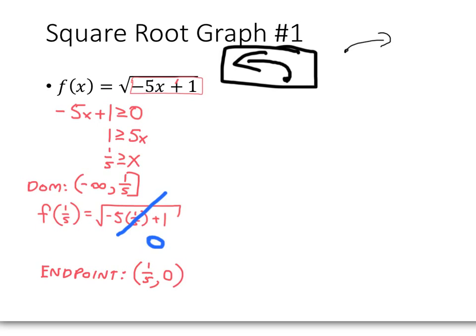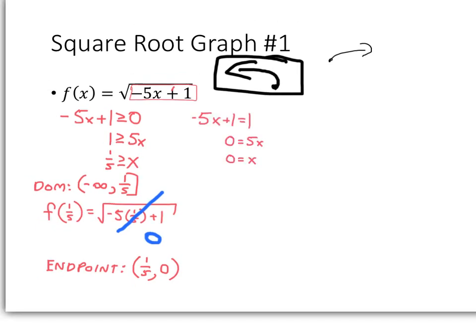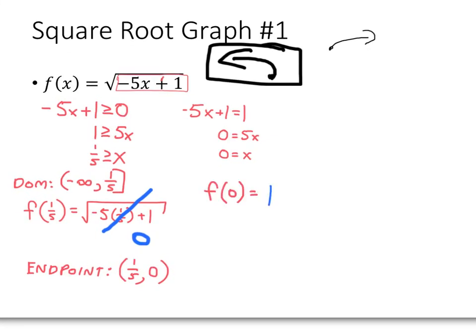So if I want to do the algebra way, I'll just take the expression under the radical again, negative 5x plus 1, and this time I'll set it equal to 1. By solving the equation, I see that x equals 0 is a good x value to use for this. Now if you're really skeptical, you could substitute the 0 for x and you'll see that it's 1.